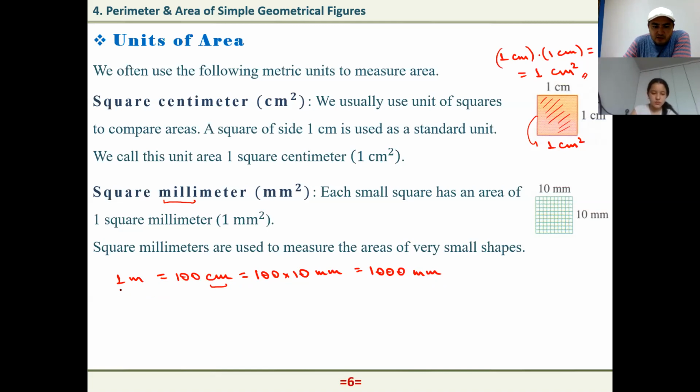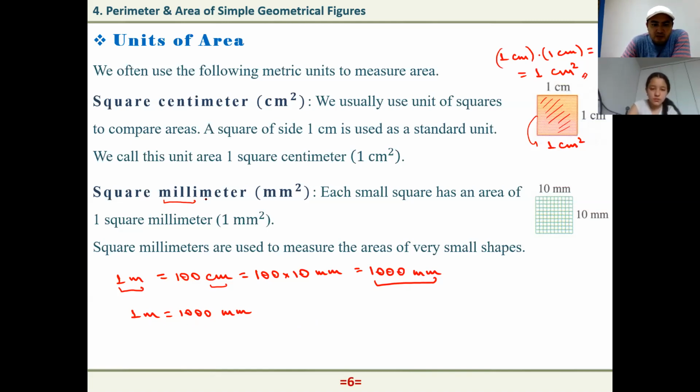Now that means that on the left hand side we have 1 meter, and here we have 1,000 millimeters. So 1 meter is equal to 1,000 millimeters, right? So if you want to change meter into millimeter, we need to multiply by 1,000. If you want to convert millimeter into meter, we need to divide by 1,000.